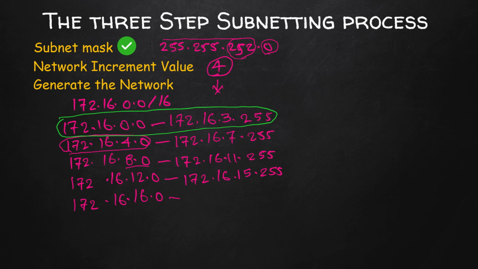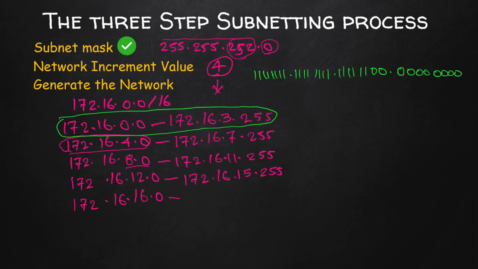We can find out using this subnet mask. So what is our subnet mask? 255.255.252.0. When we convert that into binary, what do we get? 11111111.11111111.11111100.00000000. So how many networks can we get?